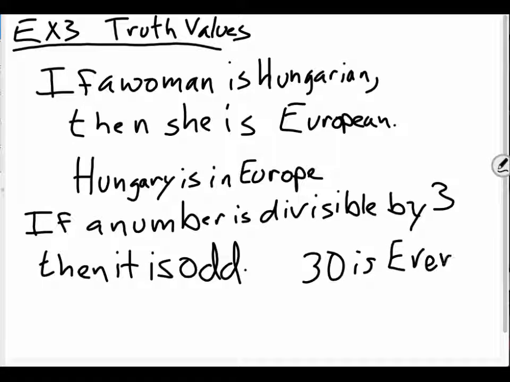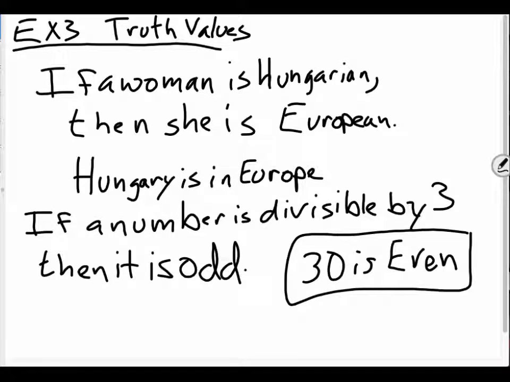So our counterexample, 30, is divisible by 3 and it is even. So what can we say about this conditional statement? It's false. It's false. Okay. 12 is also divisible by 3. So this total statement is false.